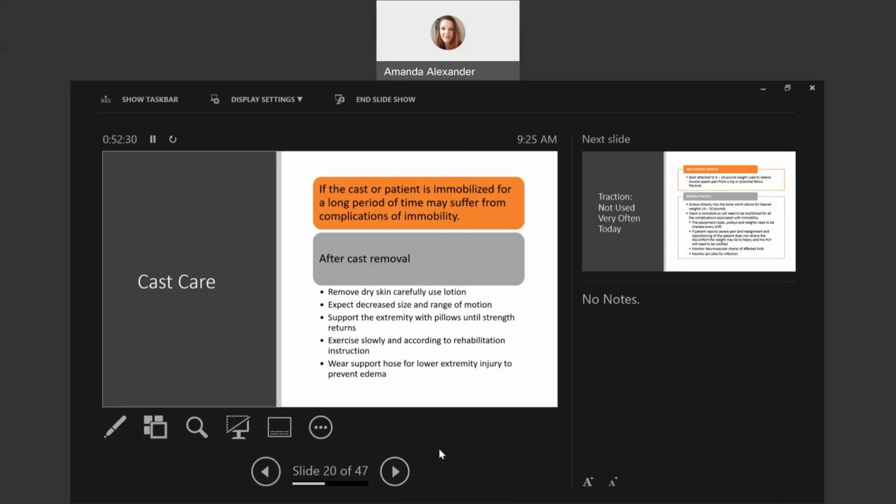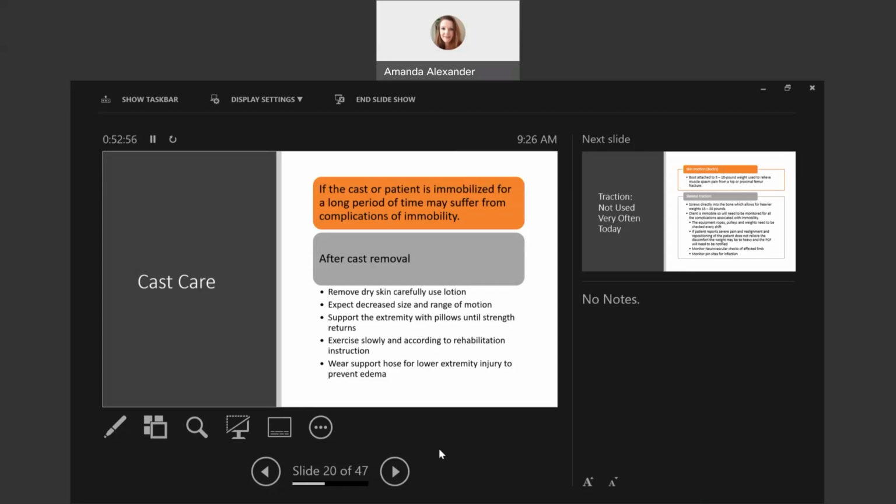Once the cast has been removed, we're also going to do some education with the patient. When we remove the cast, the patient can utilize lotion to take off the dry skin that might be there because sometimes people will have flaking and scaling of the skin after the cast comes off. So they can use some lotions to help soothe that.